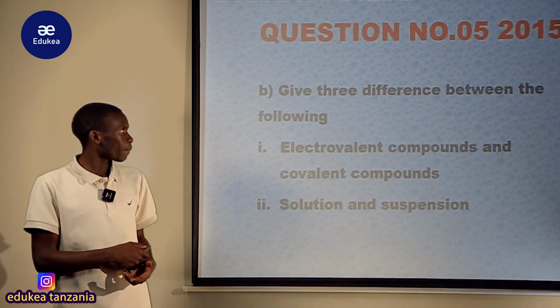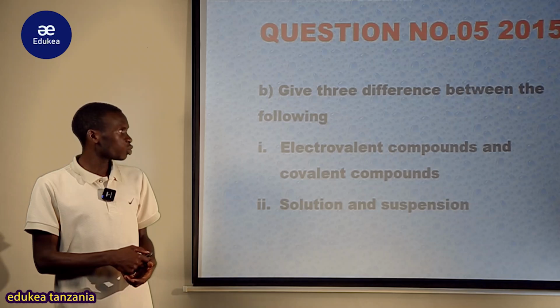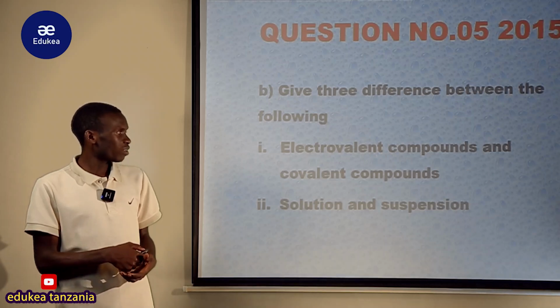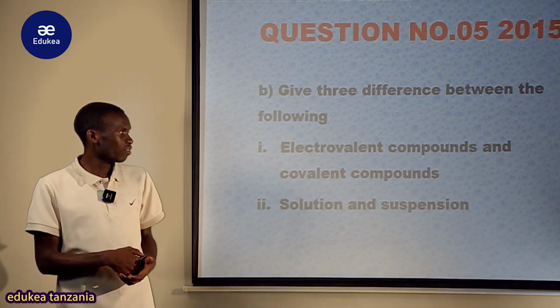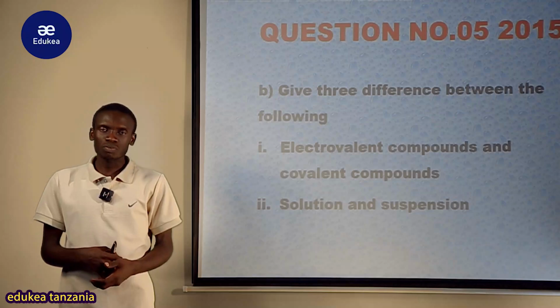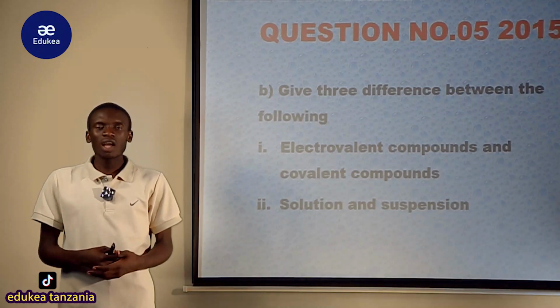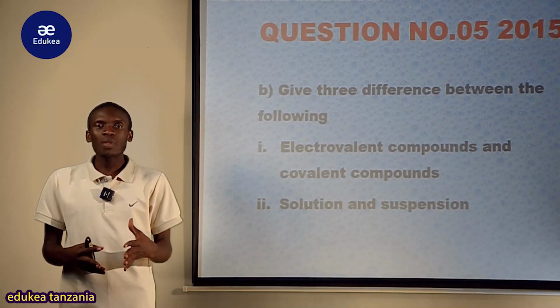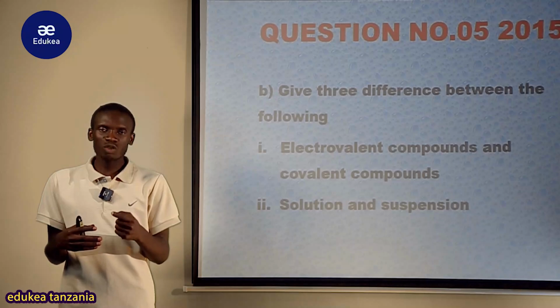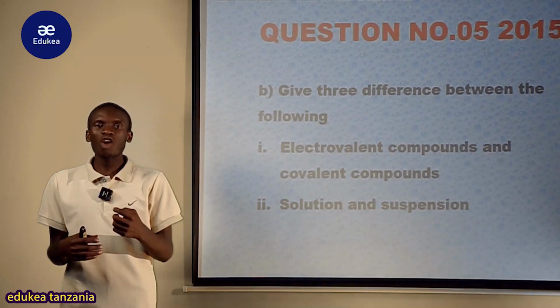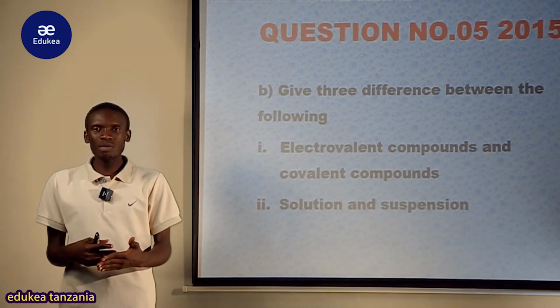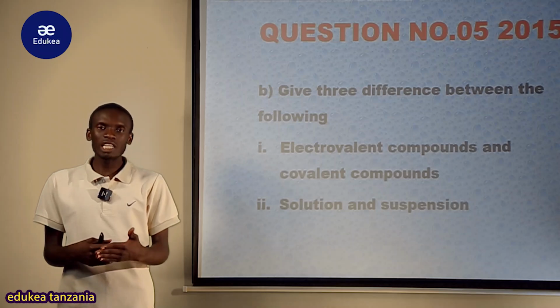Then B was, give 3 differences between the following electrovalent compound and the covalent compound. So the question needs a student to have knowledge about the electrovalent bond and the covalent bond. Covalent bond ni ipi, electrovalent bond ni ipi.